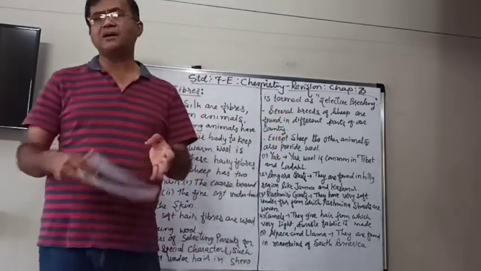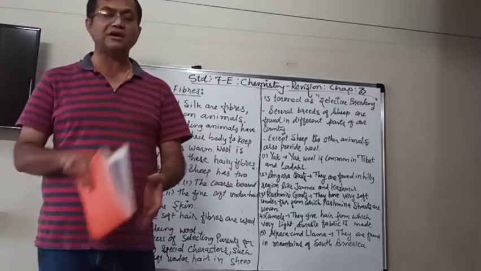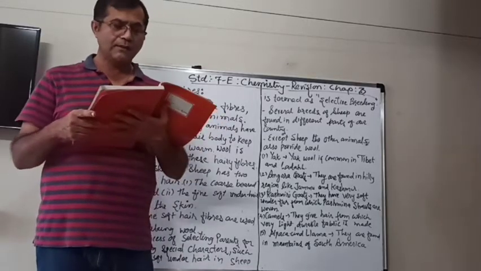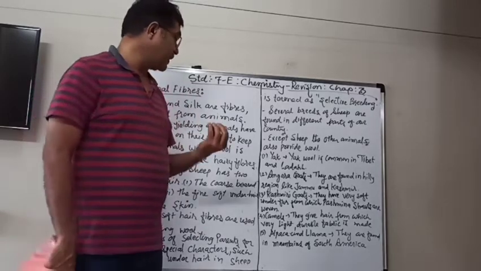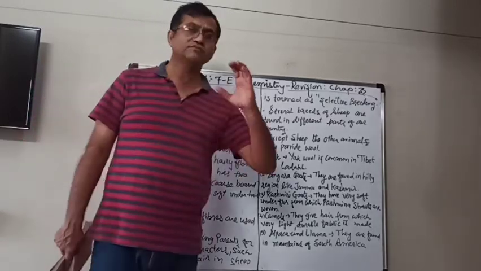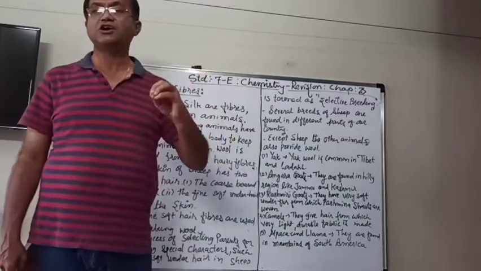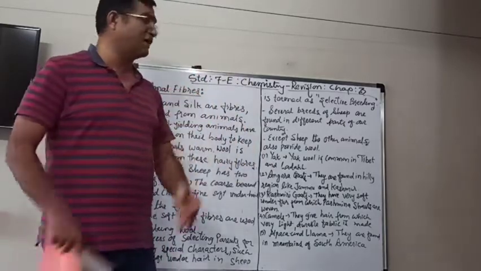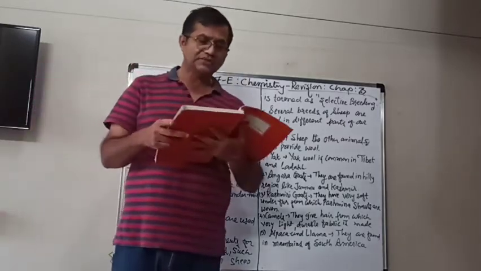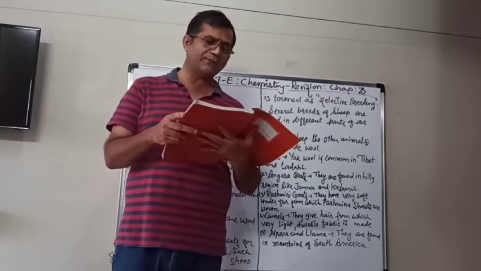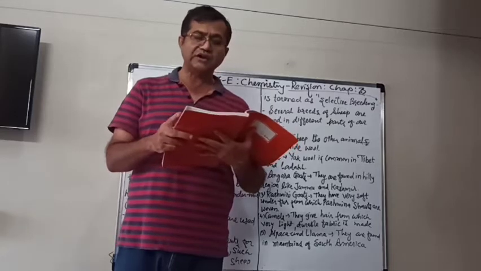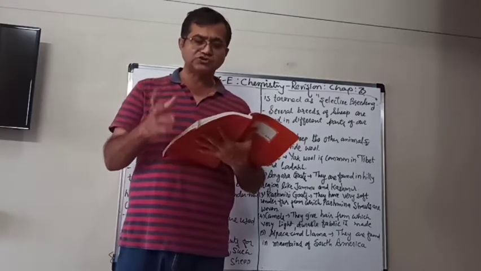Llama and alpaca are the animals which are found in the mountains of South America. They are generally found in the region of South America, and they also give us different type of wools, and that wool is also very soft.